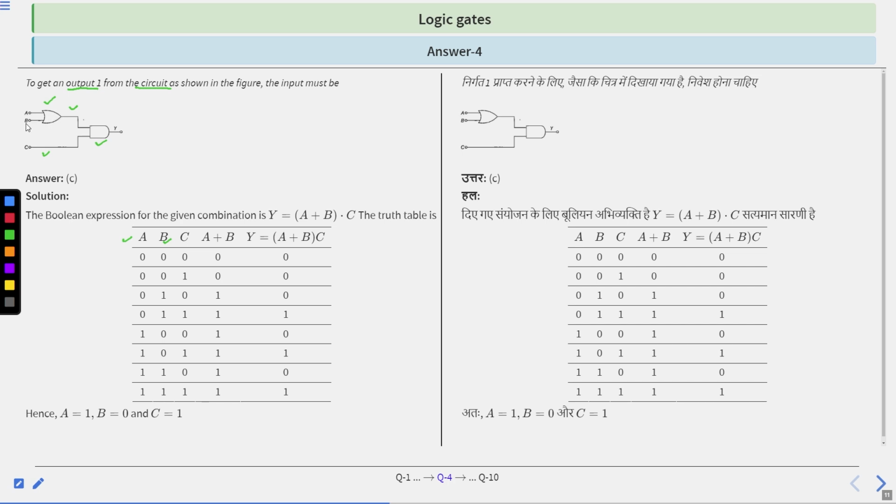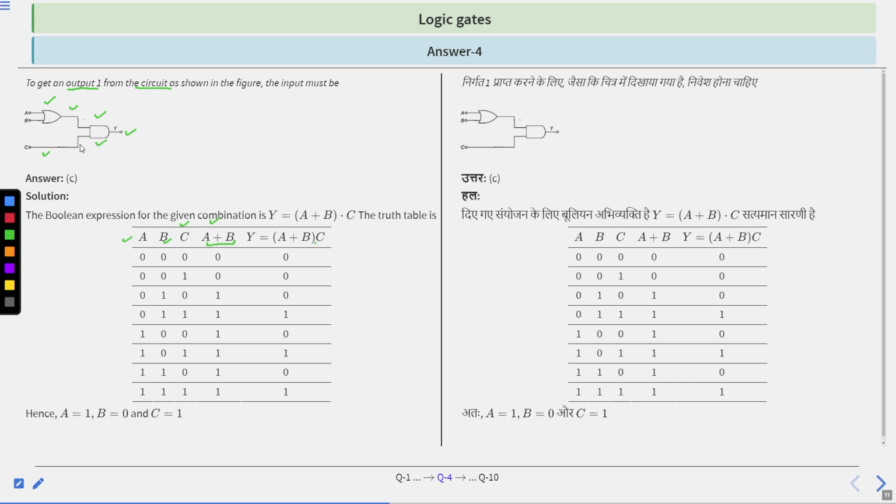A and B are the input and the output is A plus B. For this AND gate, the inputs are A plus B and C, and the output will be Y. So Y equals (A plus B) dot C. This is the output for this circuit.